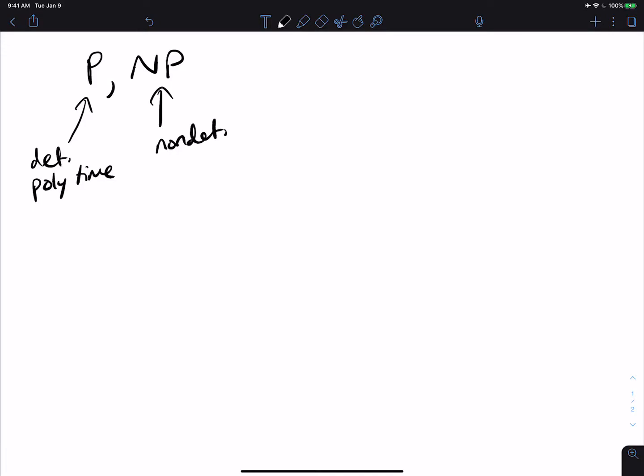All right, let's continue from where we left off last time. So, this is the second of three lectures we're going to be doing on P and NP. In the first one, we introduced these two classes, P and NP, where P is deterministic polynomial time, and NP is, as you remember, non-deterministic polynomial time.